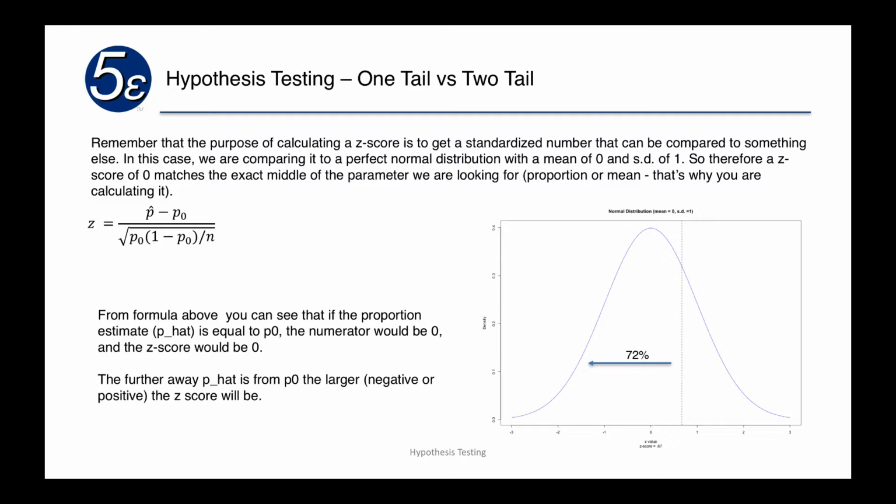And the further away p hat is from p0, the larger or smaller that numerator becomes, and therefore the z-score will follow suit. And so the z-score is really giving us a measure of how far away from the mean we are. And if you recall from previous modules, it's actually giving us the number of standard deviations away from the mean.